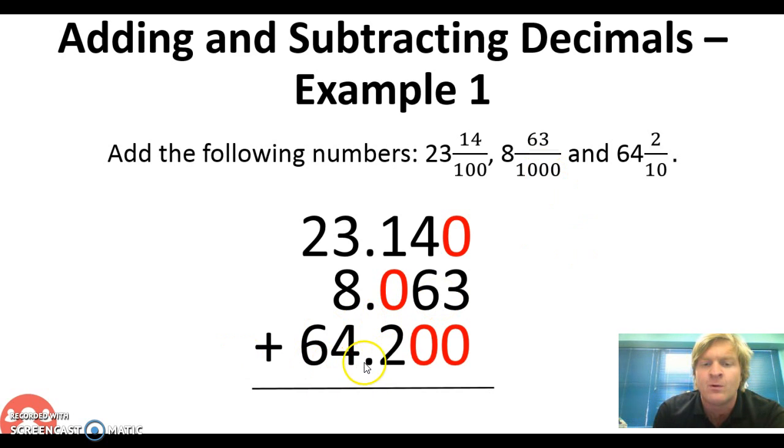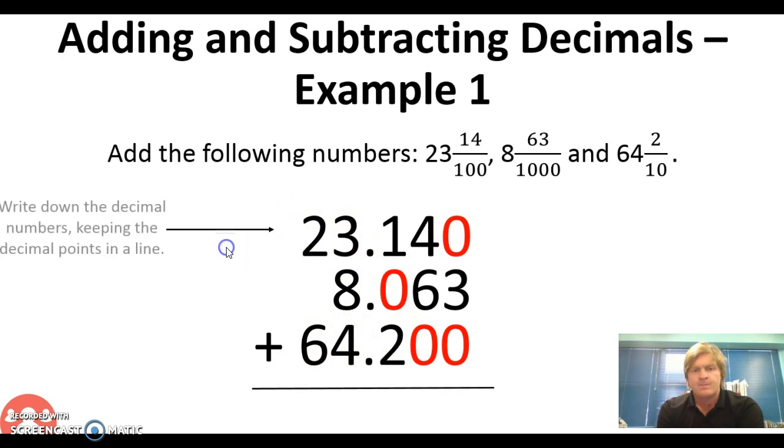Plus 64.2 is this one. Notice the placeholders have been put in. As the rule says, if you've got a 0, put the placeholder in. It's just going to help us. Also notice how they have been set up in an absolute perfect line. Notice the other thing, that the decimal point is all in the same position.